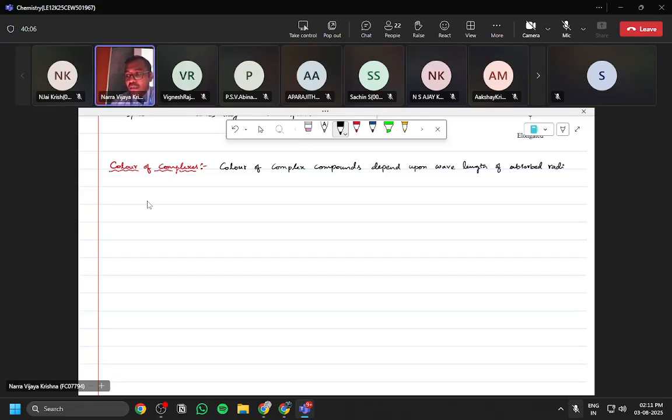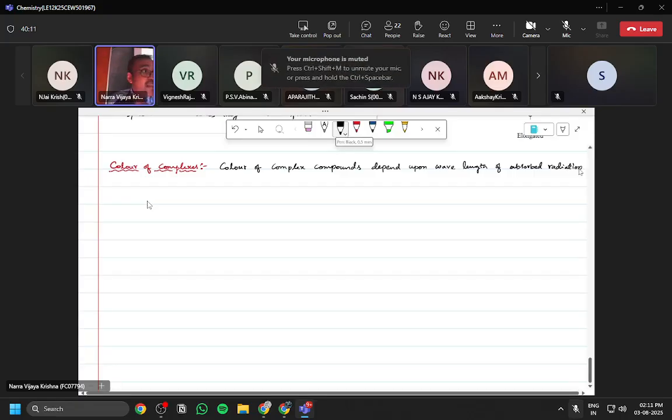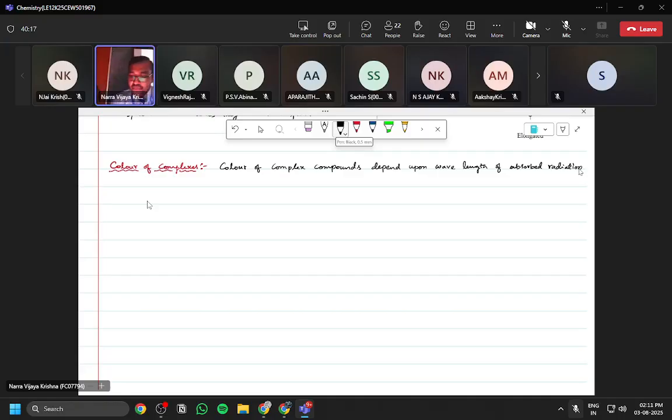Correct or not? If it absorbs one particular radiation, you will see the color of the complex as the complementary color of it. Color of a complex compound depends upon the wavelength of absorbed radiation. Here is the color of the complex, and here I am writing the complementary color.